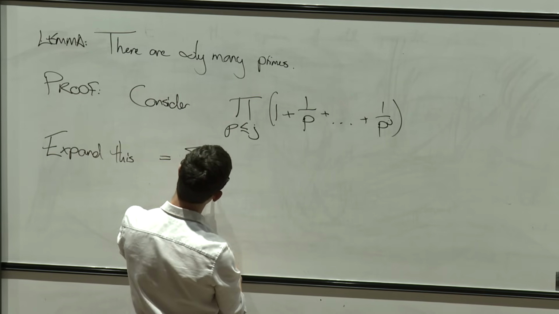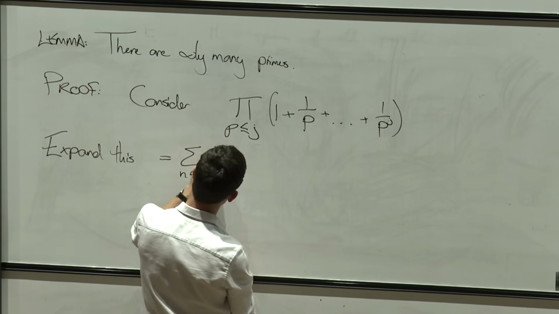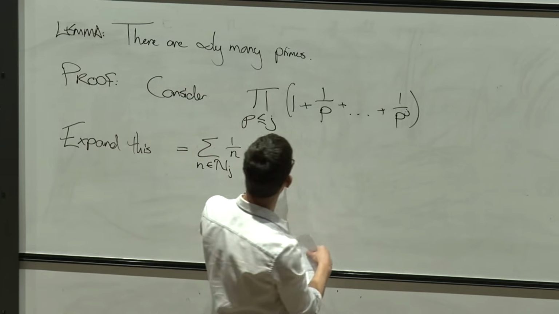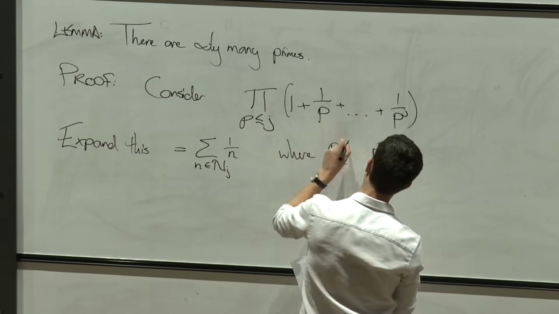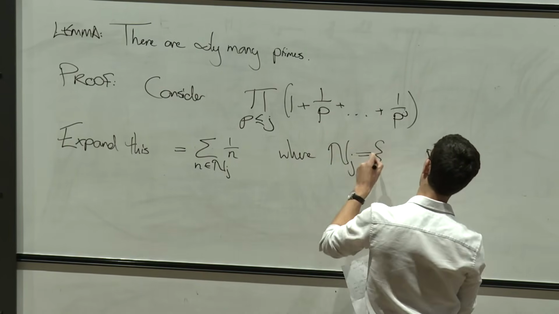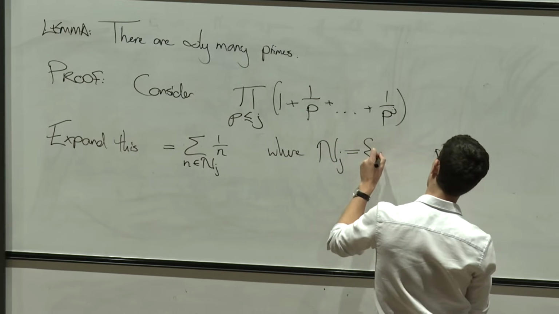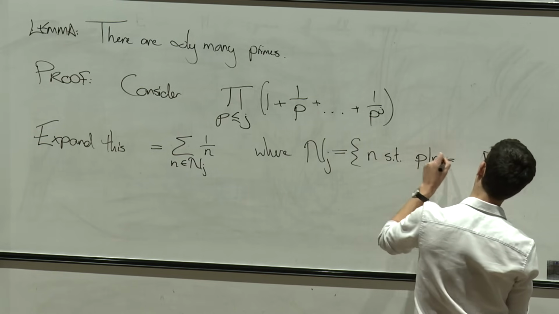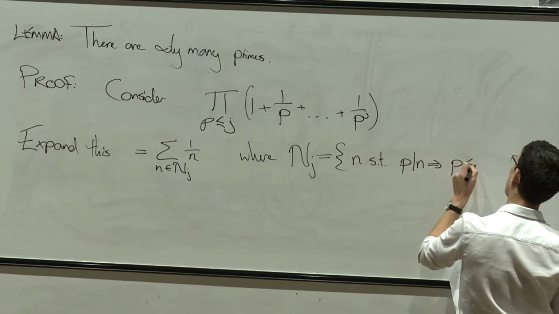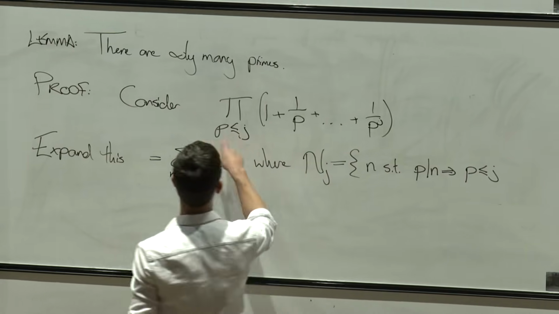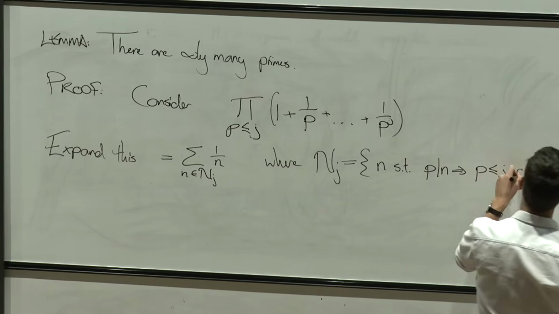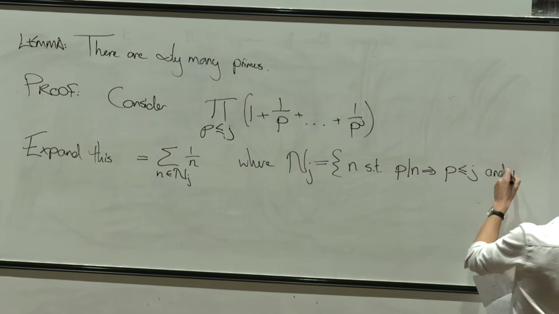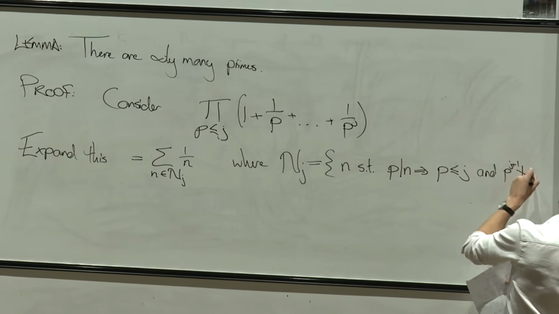And so we can write it as a sum of numbers 1 over n for all n living in some set N_j, where N_j is equal to the set of integers n such that if p divides n, then p must be less than or equal to j, because it must appear in this product, and p must divide n at most j times. So p to the j plus 1 does not divide n.